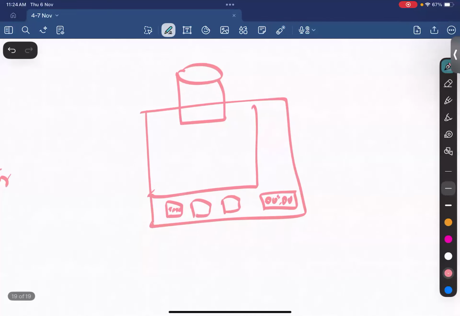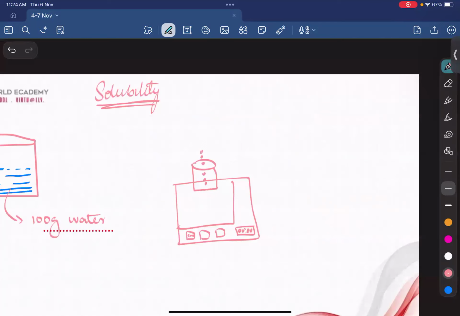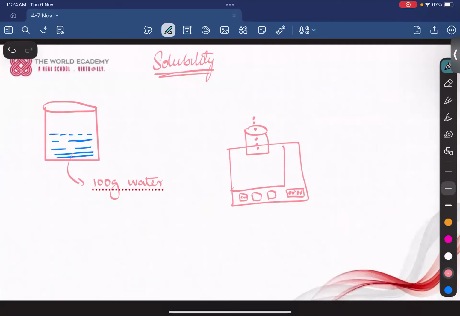Now you put water drop by drop into this beaker, and when the reading comes to 100 gram, you stop at that moment. Are you understanding, sir? Yes. So that is how you measure 100 gram, and the same way you can measure any liquid: put a beaker, press the tare button so the mass becomes 0, and add drop by drop very carefully.